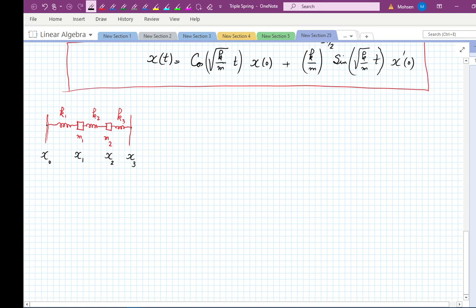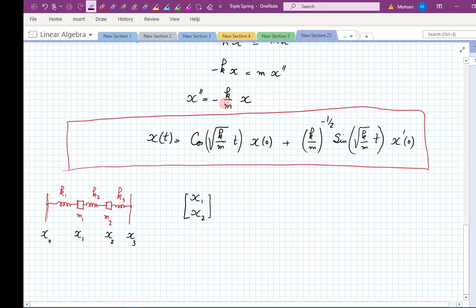So in the simple case, these endpoints are just held fixed like the demo we had. Only x1 and x2 are changing. So instead of a simple x, I have x1 and x2. Now comes the kicker.